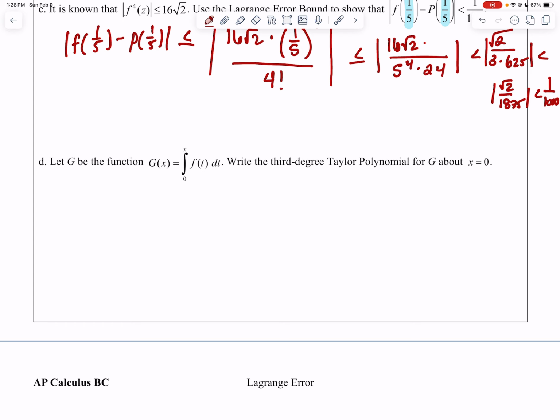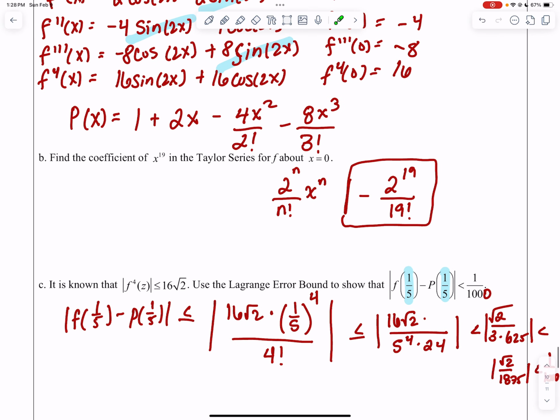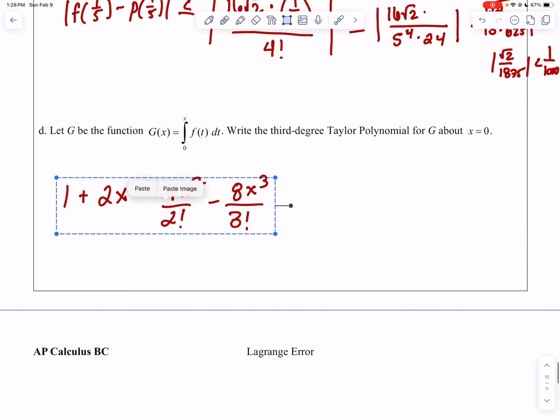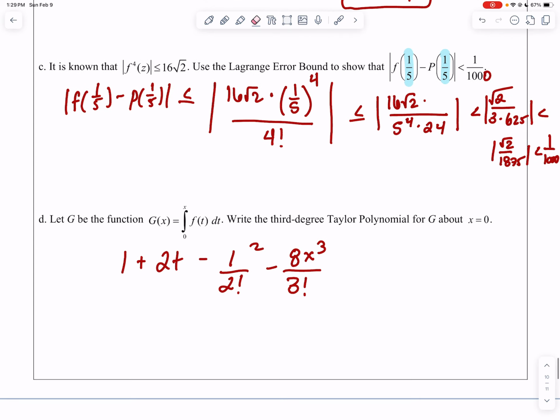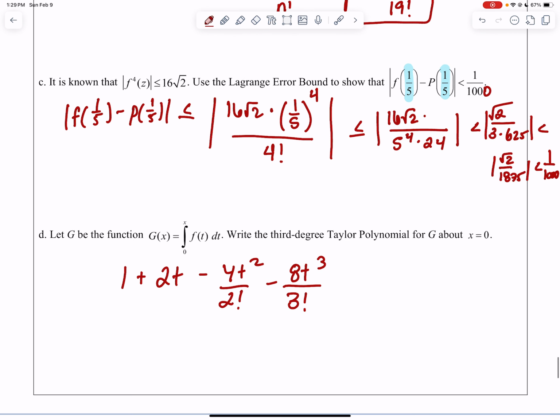Okay, so we already know that f of t is basically this, but with t. Now we are going to integrate this from 0 to x.